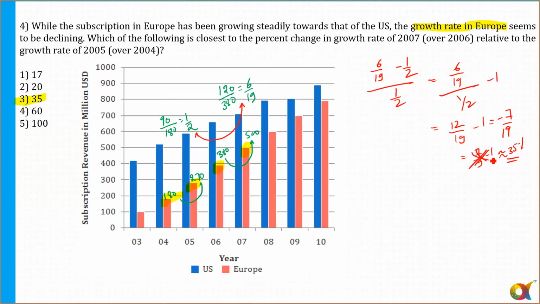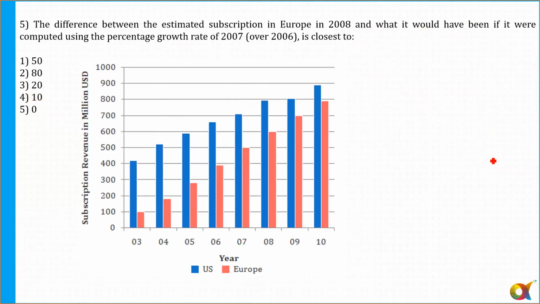So the second set is completely calculation based. Now coming to question number 5. It says the difference between the estimated subscription in Europe in 2008 and what it would have been if it were computed using the percentage growth rate of 2007 over 2006.